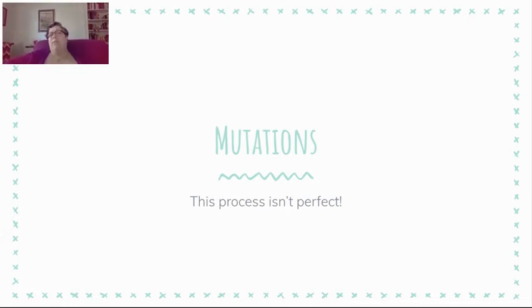DNA polymerase is capable of screwing up the process of making new DNA out of old DNA. And there are safeguards in place to catch those mistakes, but they don't always work. And when something goes wrong and a base pair gets put in a way that it shouldn't have been, what results is a mutation.